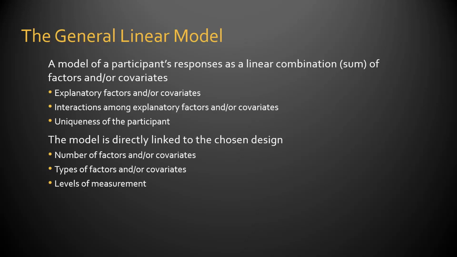So when I create this linear combination or sum, I have to have these three things. I have to use, obviously, what I'm trying to use as an explanatory factor or covariate, how I'm trying to explain the response. Then I have to consider whether there's interactions among those. Now I say I have to.